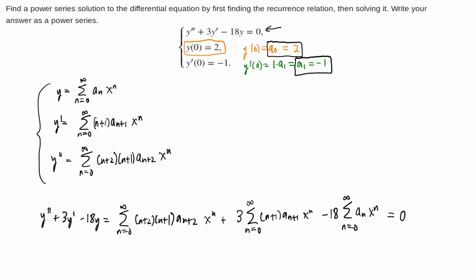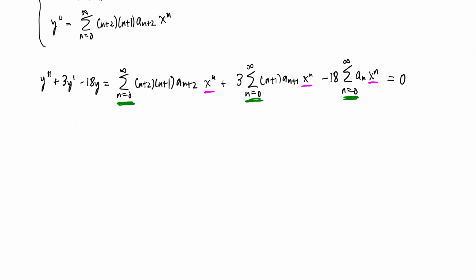Now, in our last example with the first order equation, we had a little bit of maneuvering to do to make sure that we could write this as a single sum. But notice we don't have to worry about that for this equation because all of our summations start with the same index, and at the same time, all of our powers of x are exactly the same. So we can do some major factoring here, and we can write this equation as the sum, n goes from 0 to infinity, and then we can group together all of our coefficients.